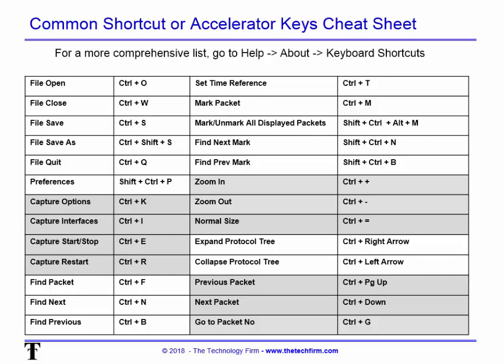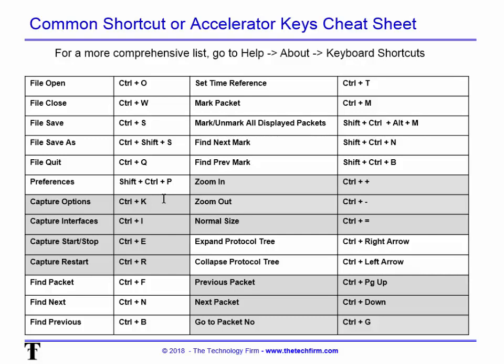So for example, everybody knows this in Windows. Control O opens. That's kind of the universal sequence of keys you use to open a file, or Control W to close the file, Control S to save a file. Now all these keys obviously work in Wireshark as well, but there are some Wireshark specific ones. For example, Shift Control P or Control Shift P brings you back to the preferences screen where we were a little earlier. Capture options is Control K. That's a really important one to use.